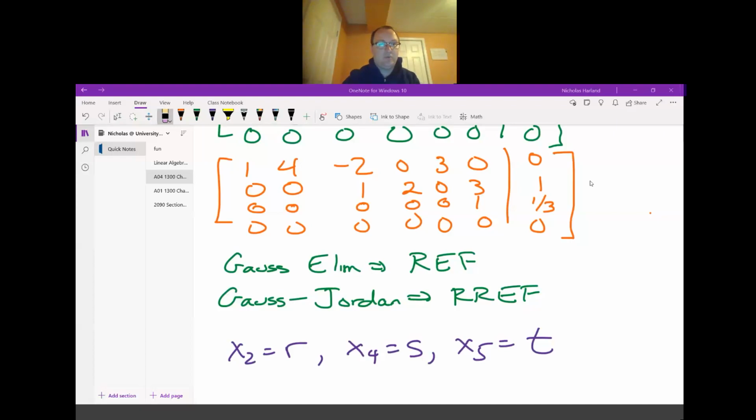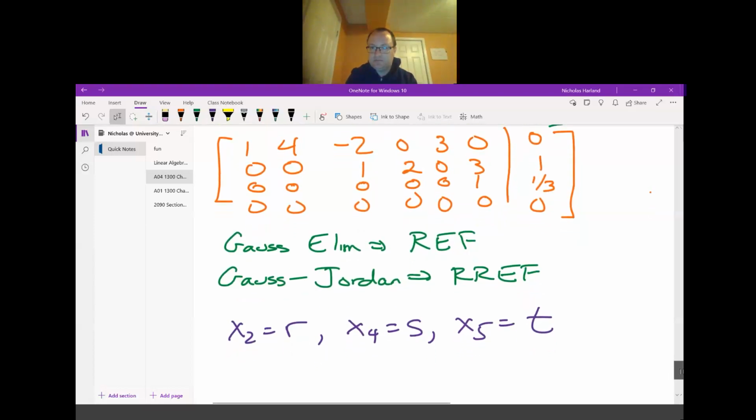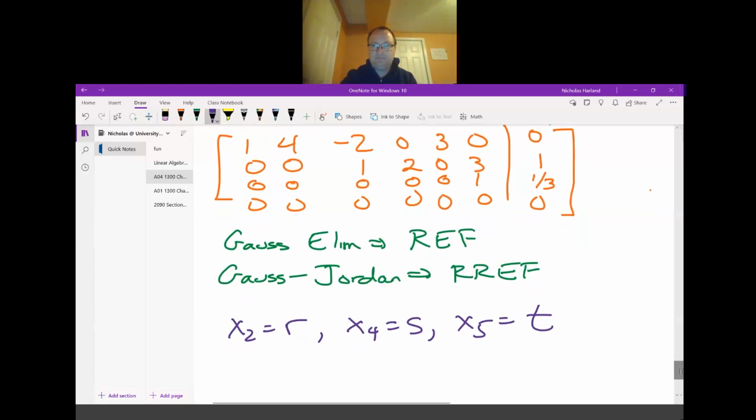All right, so let's start with row 3. What does row 3 say when we turn it back into an equation? That one says x6 is equal to 1/3. Boom, done. We have x6.